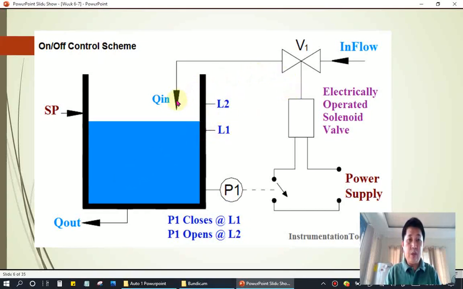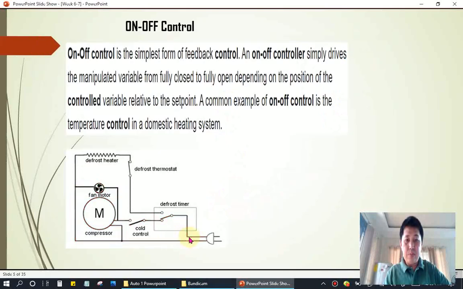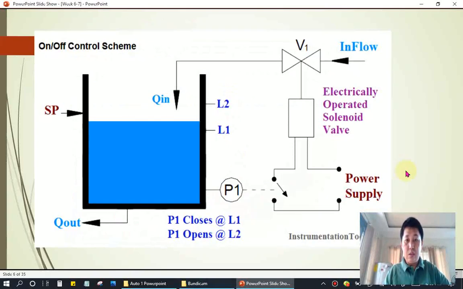We have the flow inlet and the outlet of the valve, a solenoid valve, electrically operated, connected to the power supply. P1 closes at L1 and P1 opens at L2.